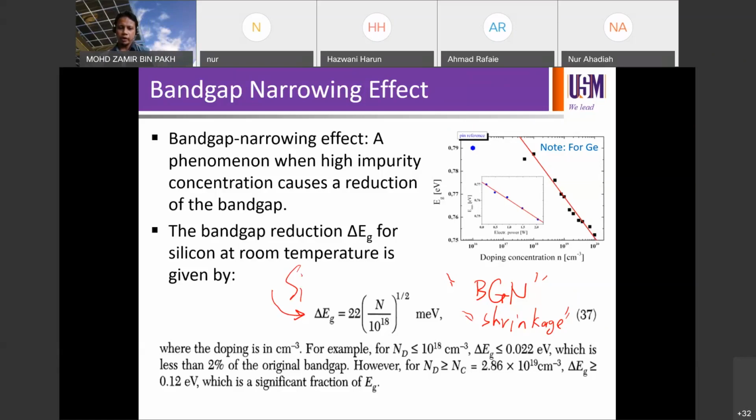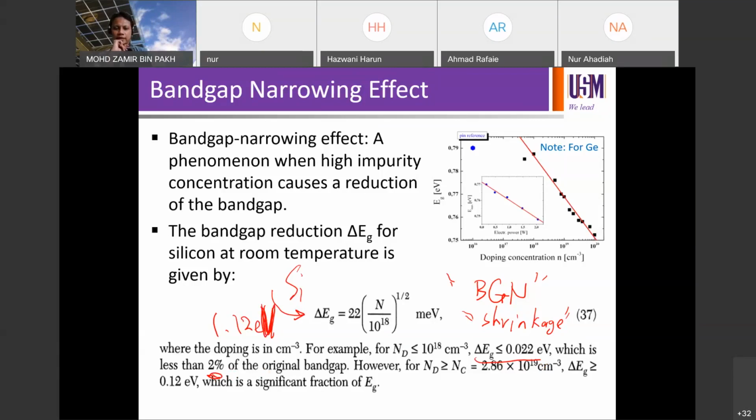For example, if your ND is less than or equal to 10^18, the delta EG will be somewhere around 0.022 eV, which is less than 2% of the original band gap of 1.12. Whether or not you're going to see any effects in your device really depends on the device, whether this 2% is big enough, okay?